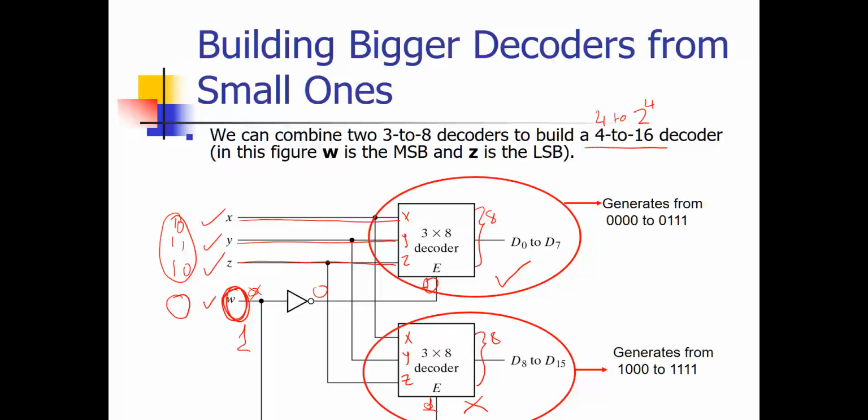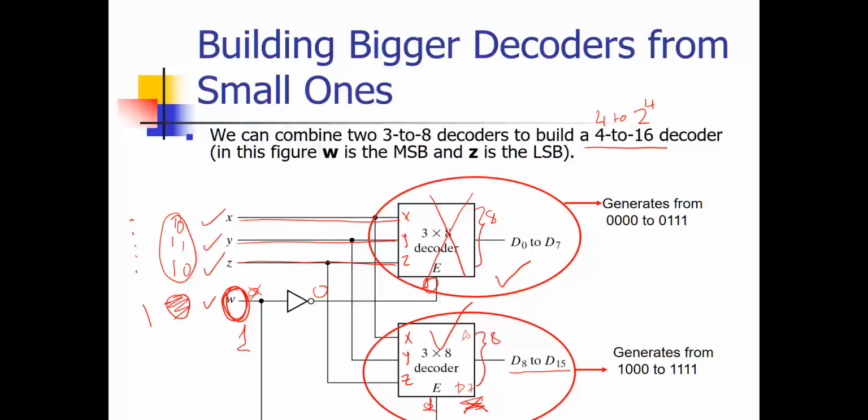So now I will deactivate this decoder and activate this one, and then I pull the output from these D8 to D15, which are connected to D0 all the way to D7. Now, because my W will have a value of 1 something something something, which corresponds to D8 to D15.